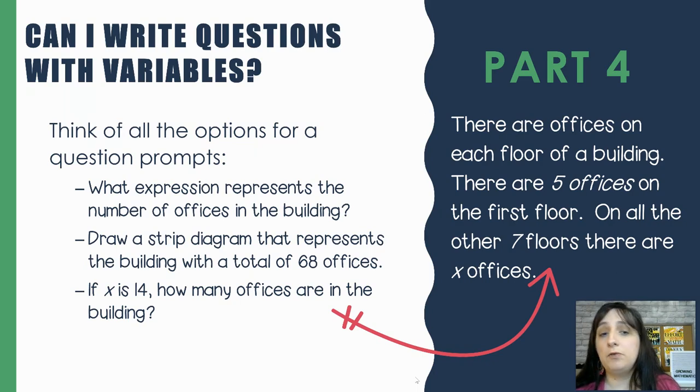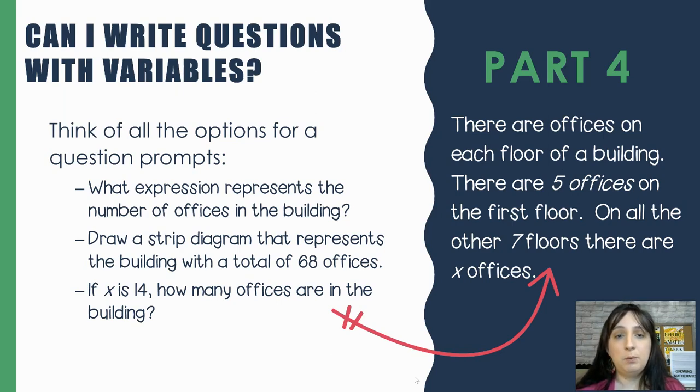If X is 14, how many offices are in the building? So in that case, totally different type of problem than the other two. It turns into a more standard type of problem, but where they're going to have to substitute a value in for that variable, which can be a tricky skill for some students if they aren't thinking in that mindset.